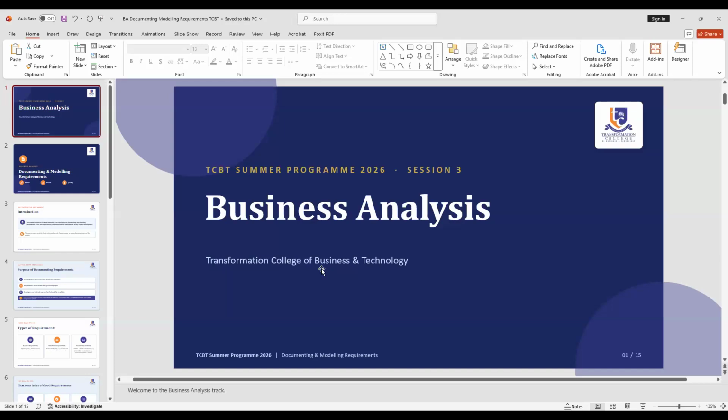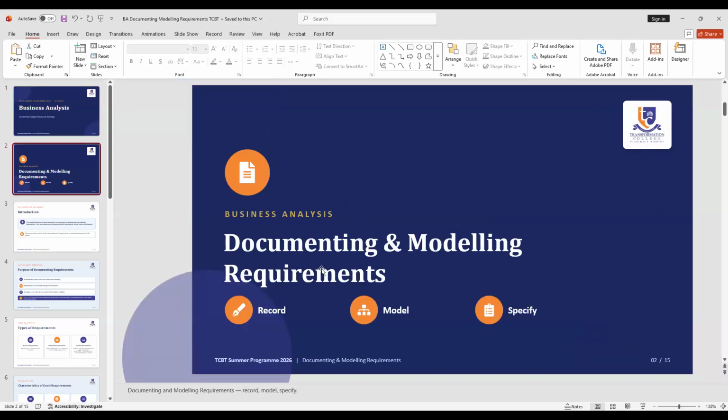So, as a business analyst, you would have to discover what the business needs, analyze it, document it clearly, and also model it in a very detailed visual form so that the solutions can be designed accordingly and also built correctly.